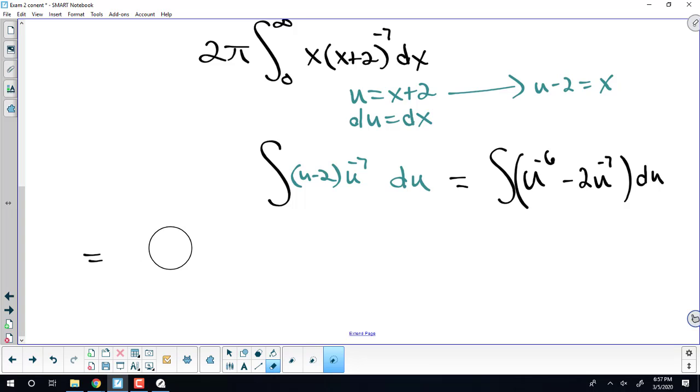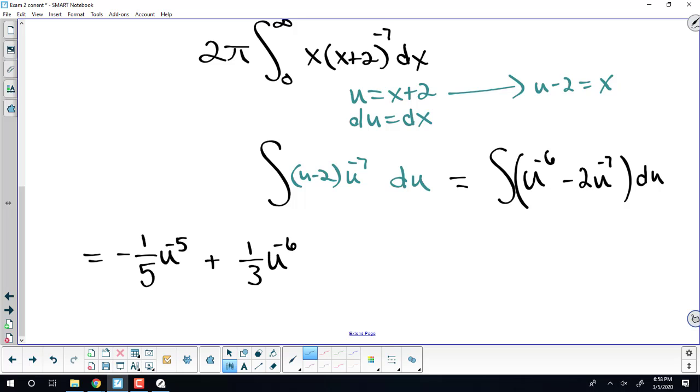We'll have u to the negative 5 over negative 5, plus 2 over 6 u to the negative 6. And then we've got a plus c, find the antiderivative, but it's a definite integral, so that will go away. Resubstitute x plus 2.